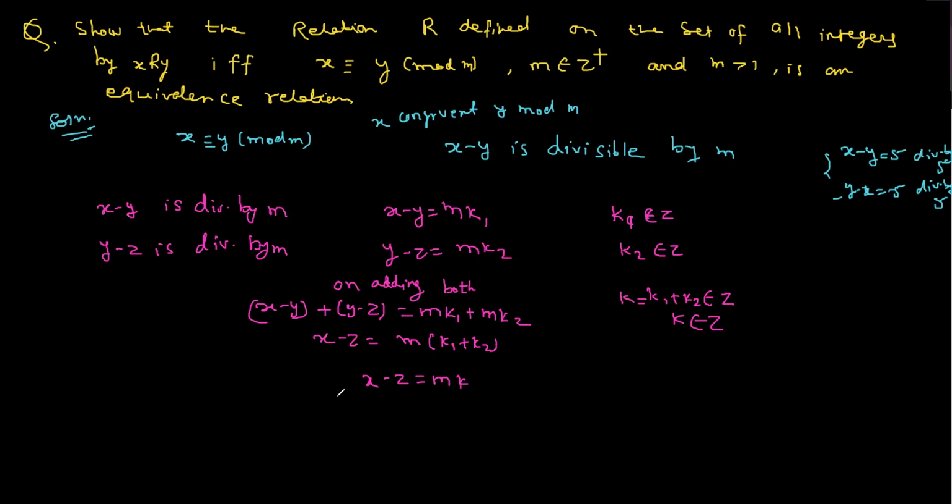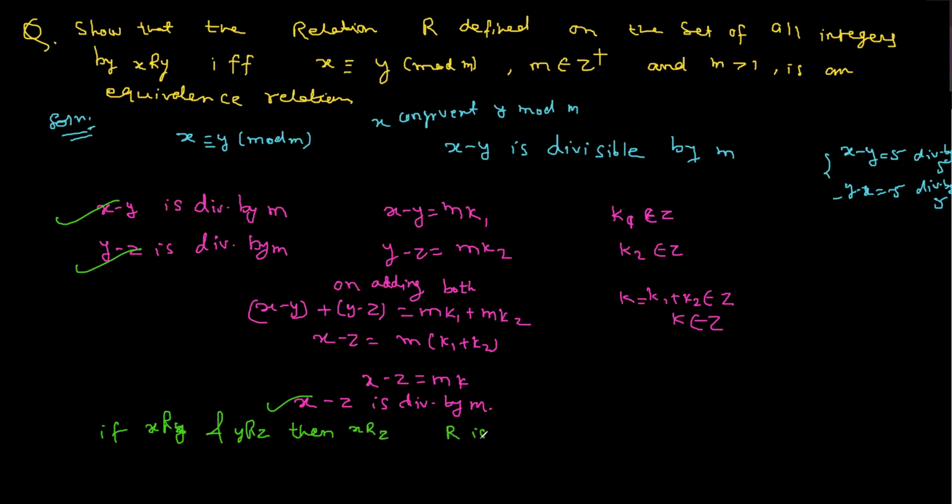By using this, you can say x minus z is divisible by m. By property, x comma y is in R, y comma z is in R, then you can say R is a transitive relation.